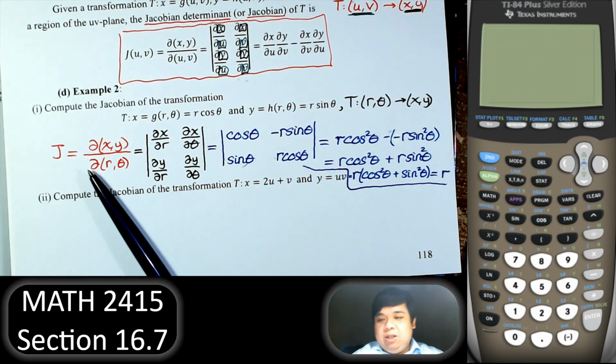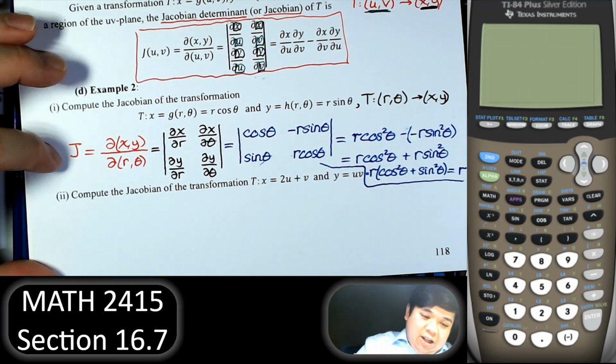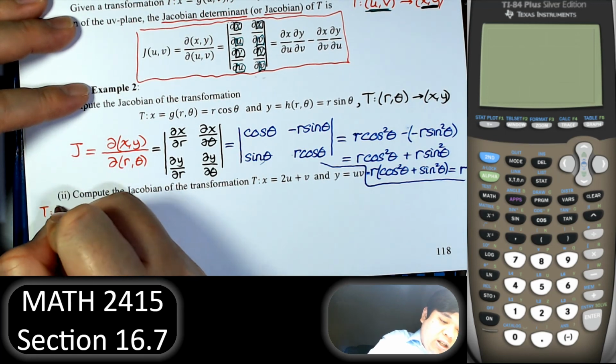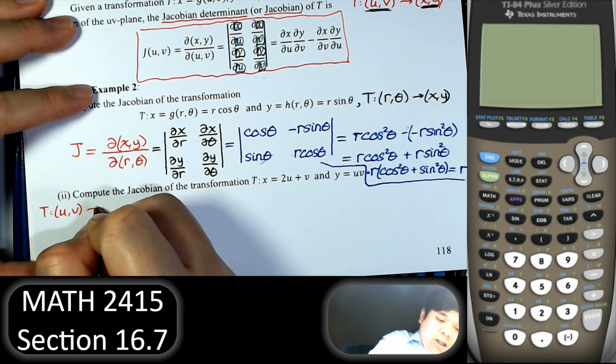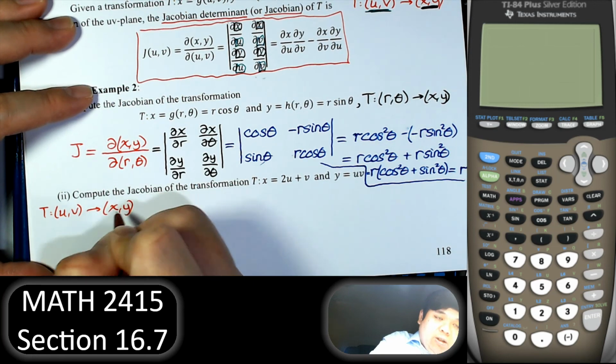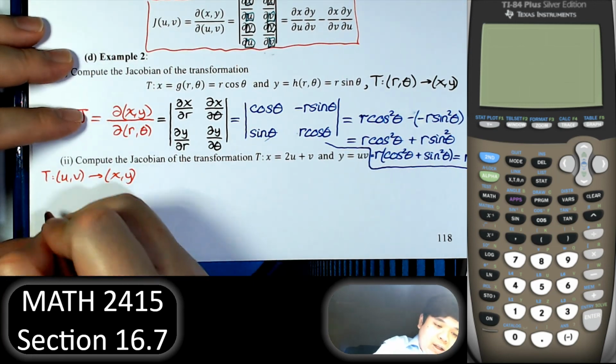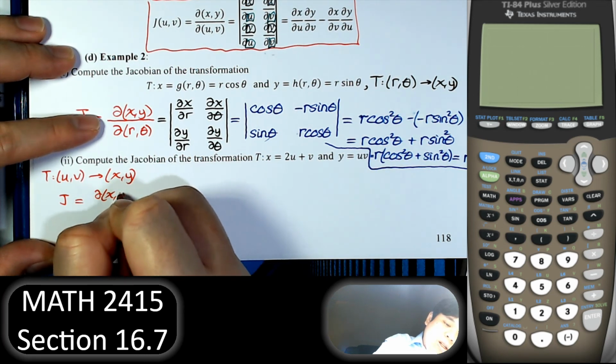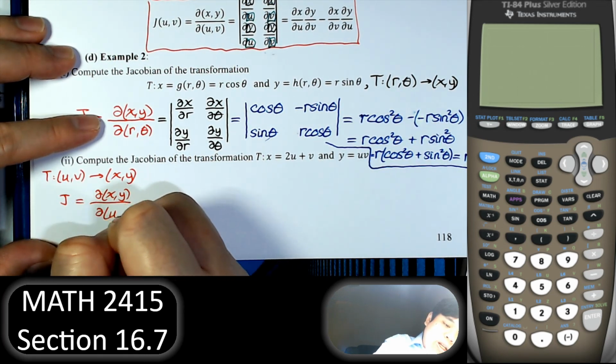Right, so simple enough. Next, I'll find the Jacobian of this transformation. So the transformation is from uv to xy. So the Jacobian is the derivative of xy with respect to u and v.